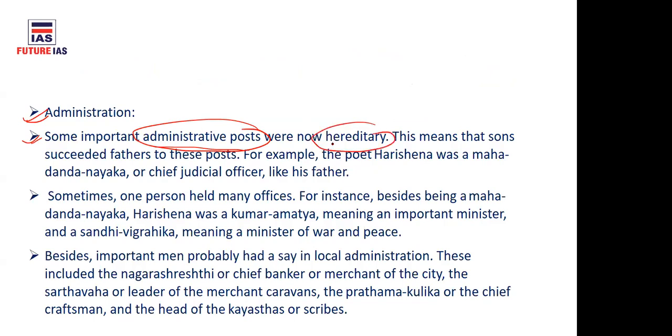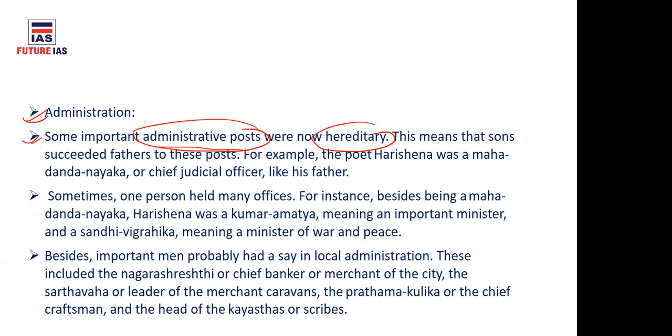Hereditary means the son of the person would be the heir of such a post. So the son will succeed the father, and his son will succeed him. This is how the hereditary conditions will be there.